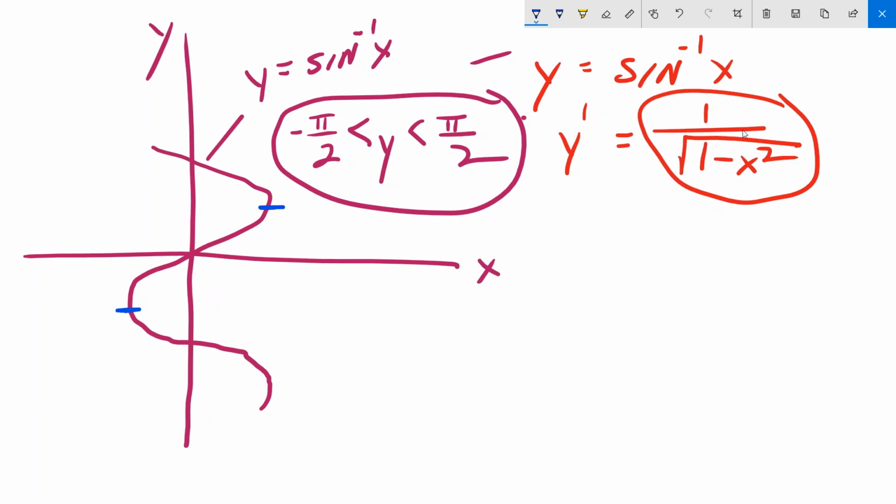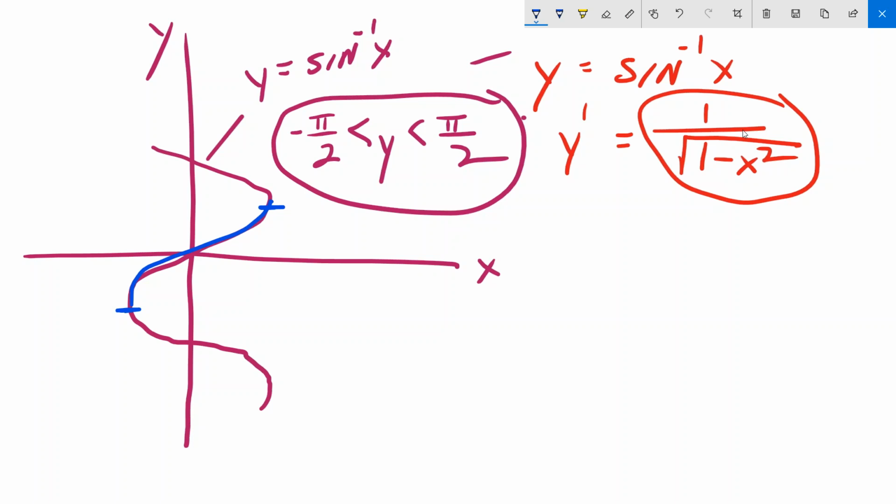Notice that is a function. It passes the vertical line test. So when you talk about inverse trig functions, you have to restrict them because they're called inverse trig functions, not inverse trig relations.